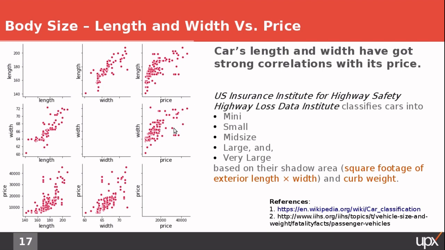To study this further, I relied on the data provided by the US Insurance Institute for Highway Safety, Highway Loss Data Institute. They classify cars into mini, small, mid-size, large, and very large categories based on the shadow area and the curb weight of the car. The shadow area is length times width of the car. You can refer more on this classification in the given link here.